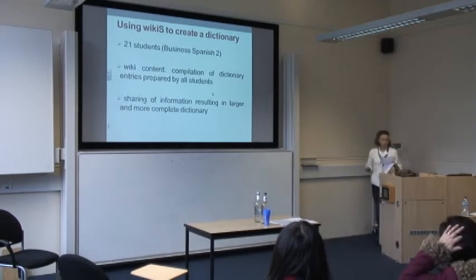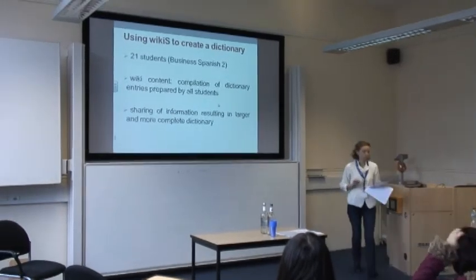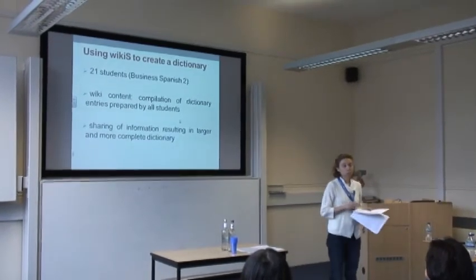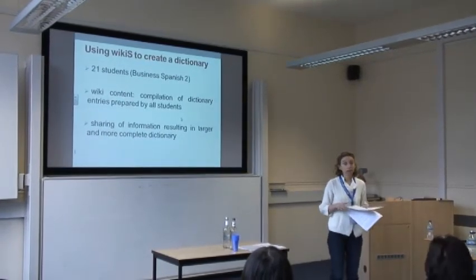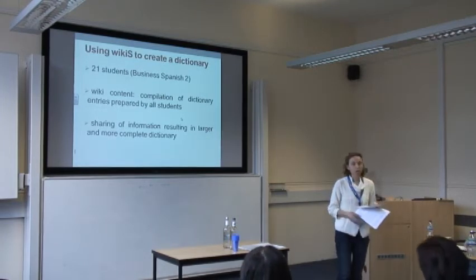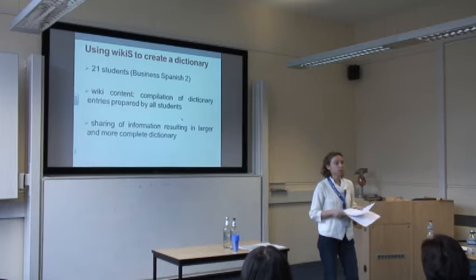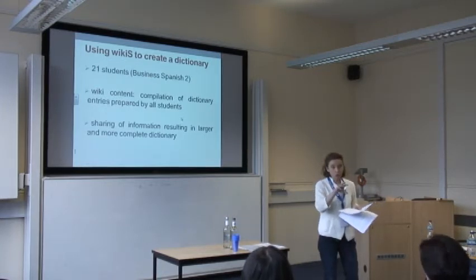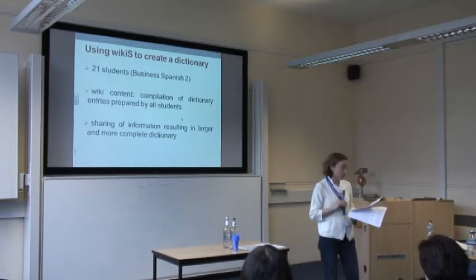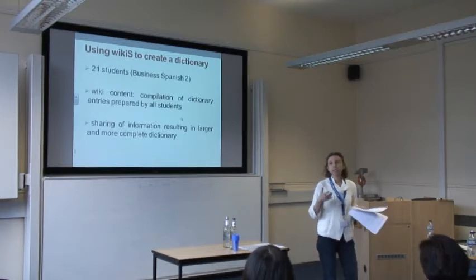The wiki I use has been created in Blackboard, and it's very easy to create. It doesn't require any technical knowledge at all. You just have to be a bit careful about the instructions that you include when you do the setting up, and we'll talk about the instructions later. If it's easy to create, it's even easier to use.